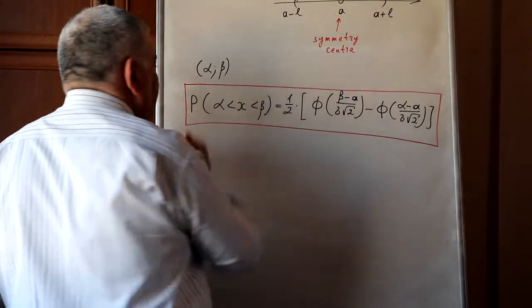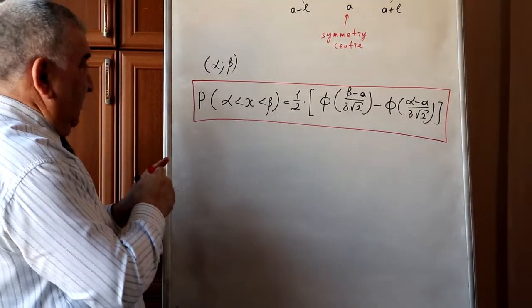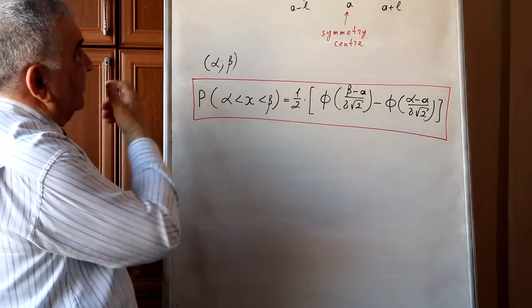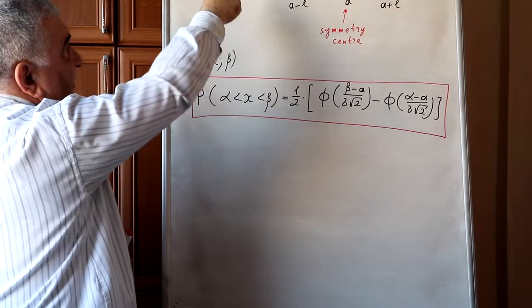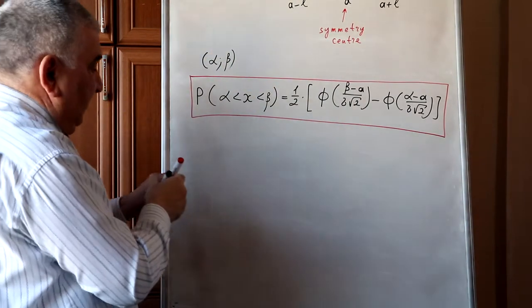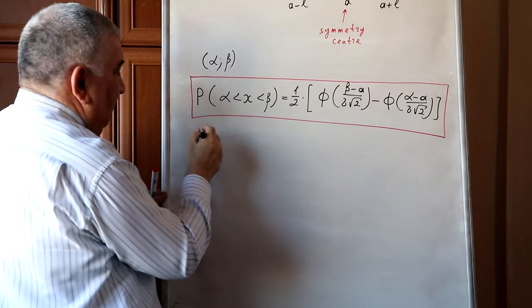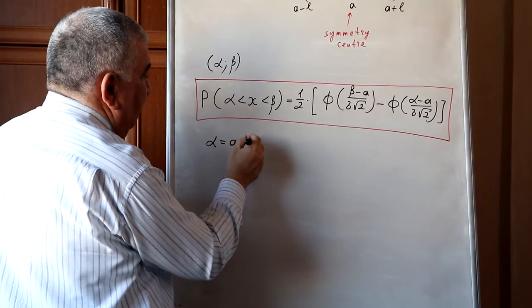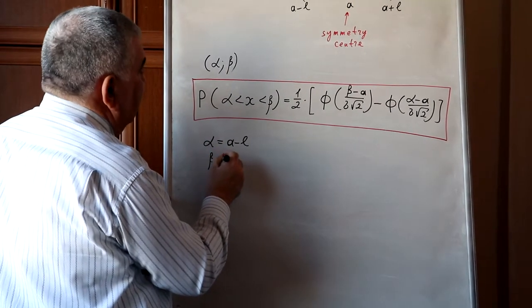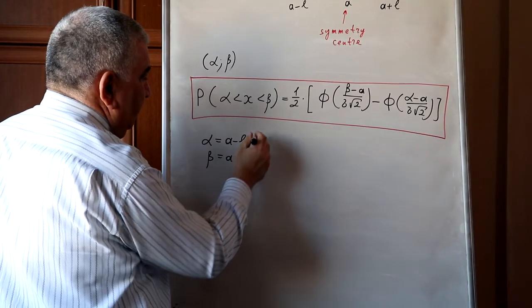and then let substitute a minus l instead of alpha and a plus l instead of beta. Let alpha is a minus l and beta is a plus l.